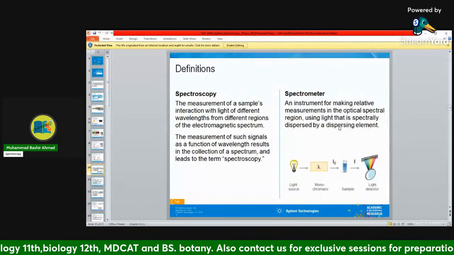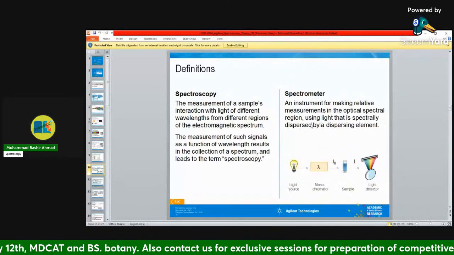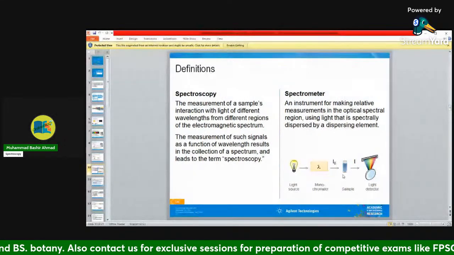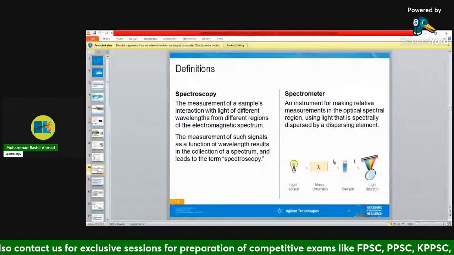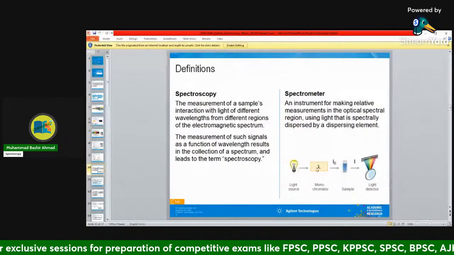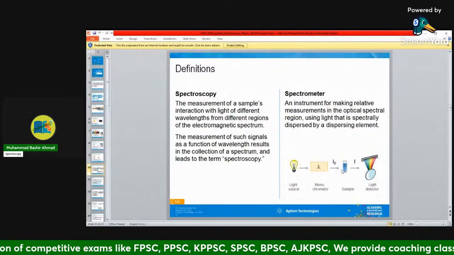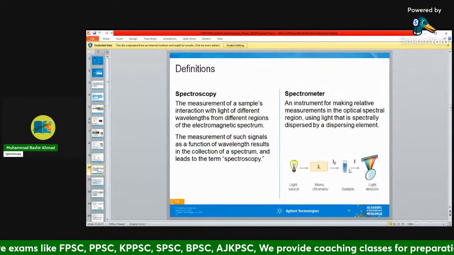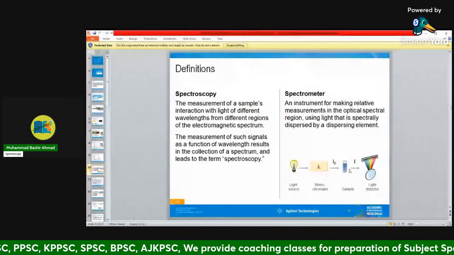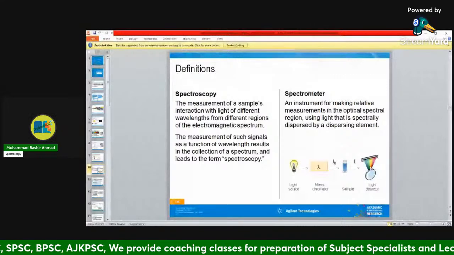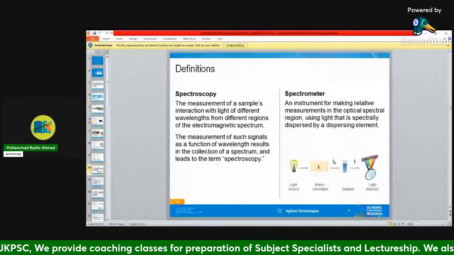This means there is a source of light, and this light is dispersed by a dispersing material, a sample. This is a specific wavelength of light. It is dispersed by a material, and then a spectrum is obtained. This spectrum is visualized by a spectrometer.